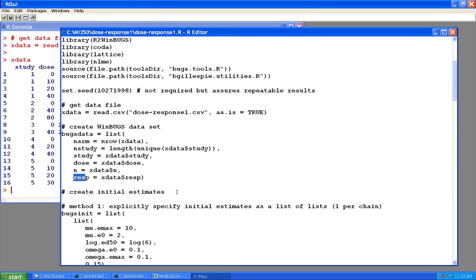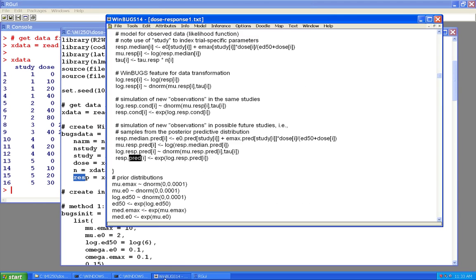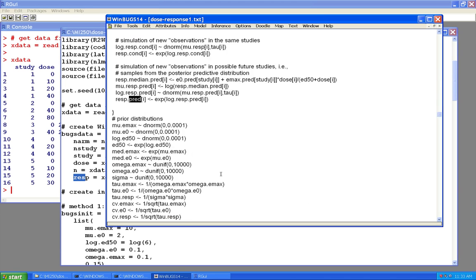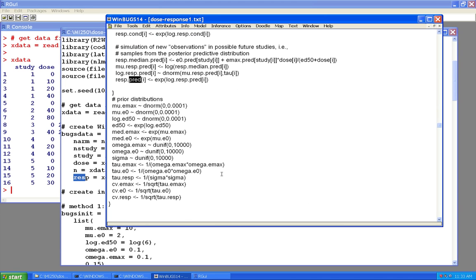Okay, now we need to create initial estimates. What do we need initial estimates for? The best clue is to come down to our prior distributions here. We need to provide initial estimates for pretty much anything that has a squiggle in it down here in the prior distributions.